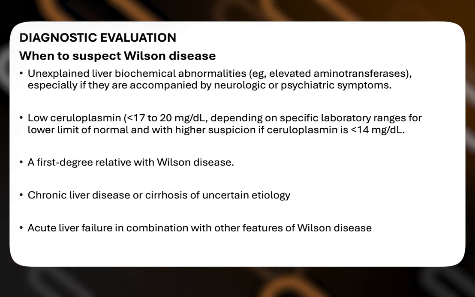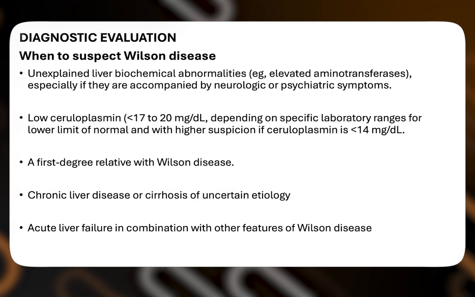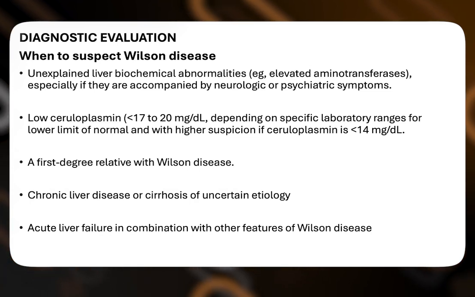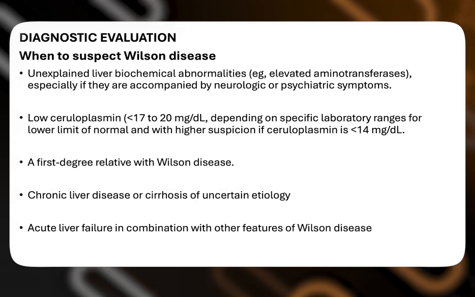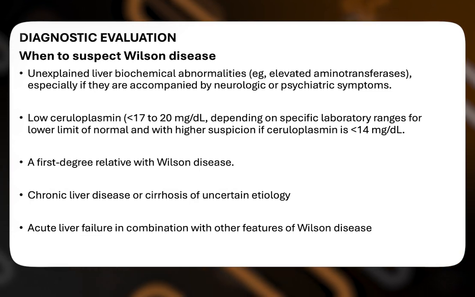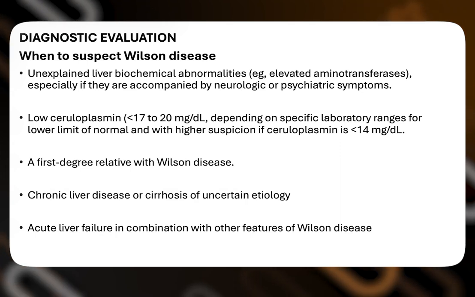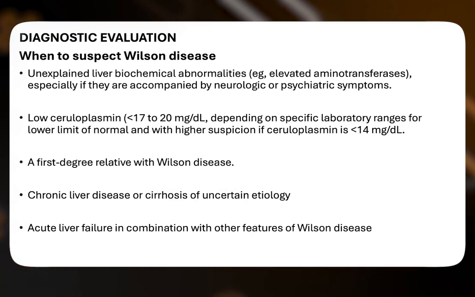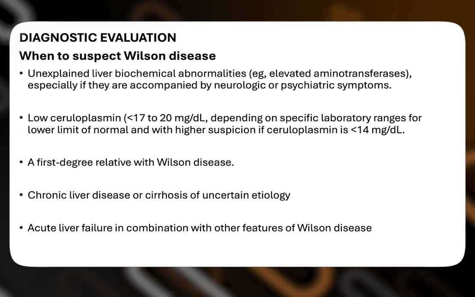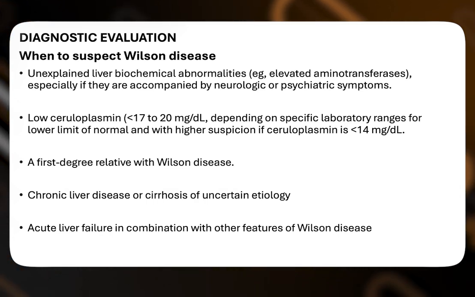When to suspect: unexplained liver abnormalities, particularly if they have neurologic or psychiatric symptoms. When there is a low ceruloplasmin, less than 17 to 20, and very high suspicion if it is less than 14 milligram per deciliter. A first degree relative with Wilson disease, as we discussed.